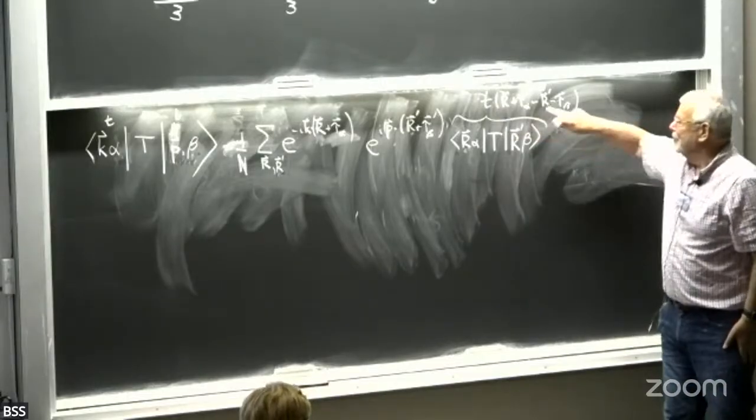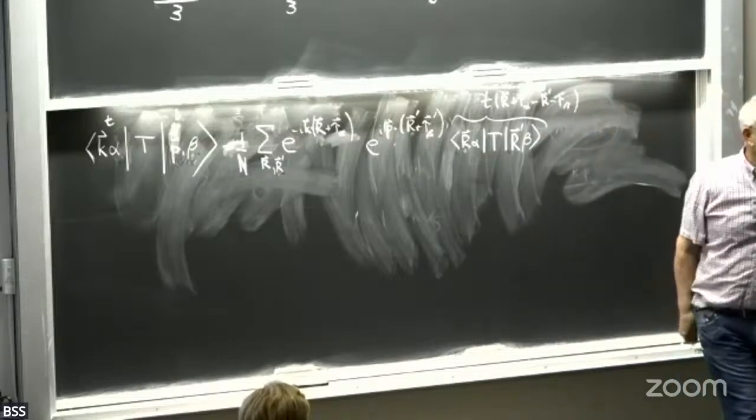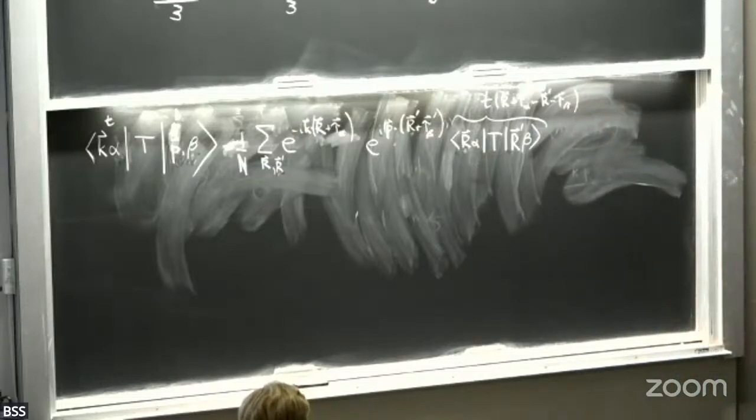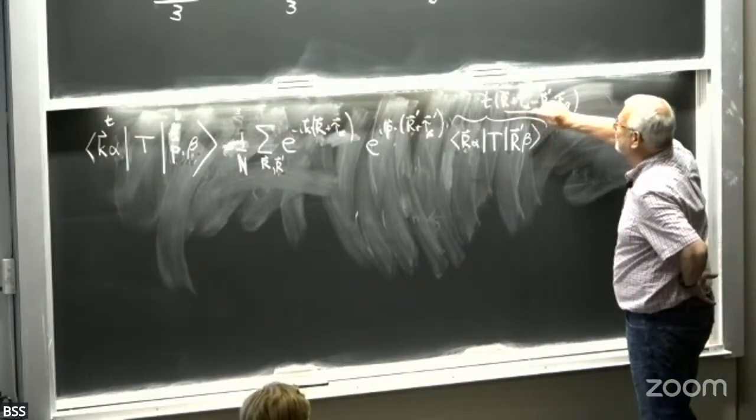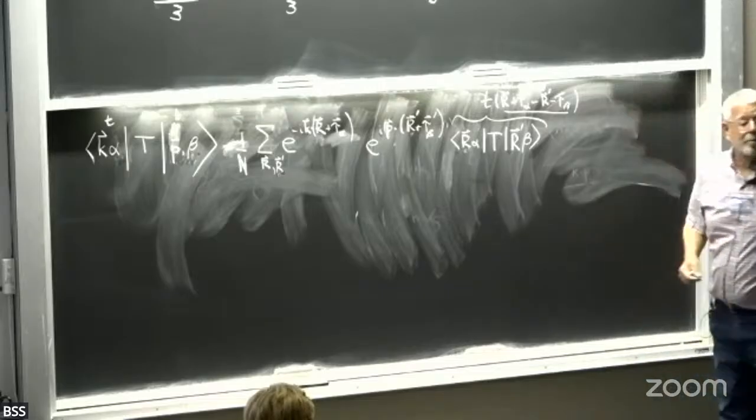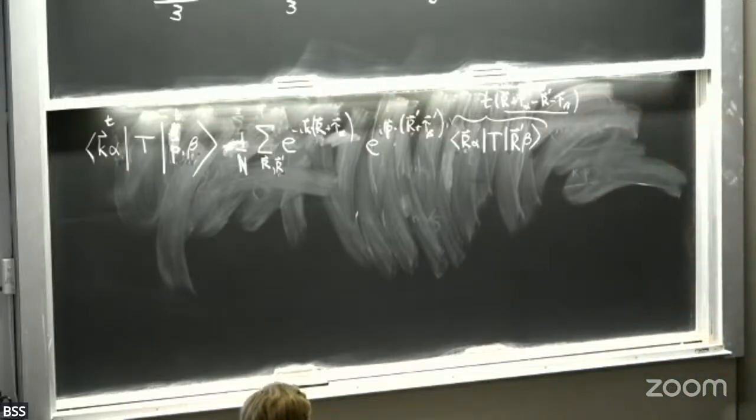But the hopping between them doesn't know about any other atoms. It can only depend on how far apart these two pi orbitals are. So this function here is a function of the difference between the two positions projected onto two dimensions.